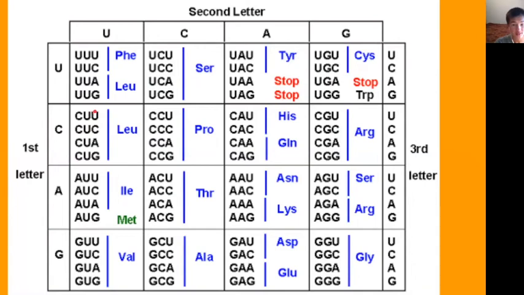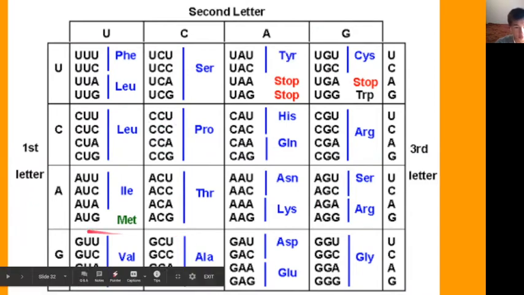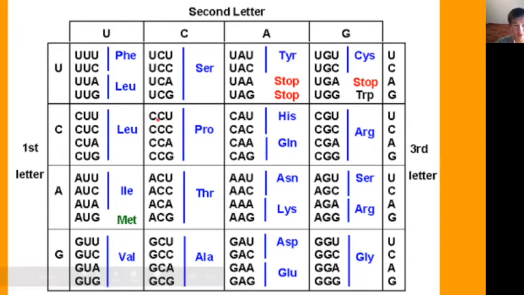no same codon codes for two amino acids. So let's say we take CCU, we look. There's no other CCU. And CCU will always go to this amino acid. It's never going to go up here, it's never going to go over there.